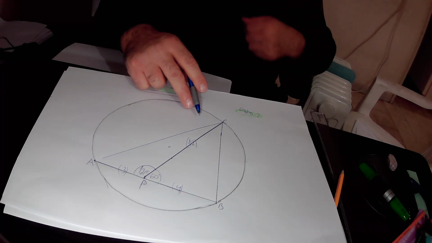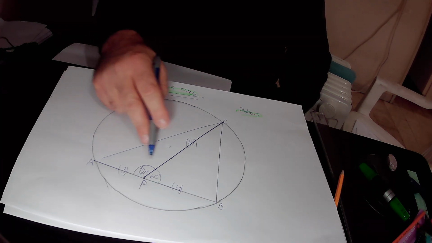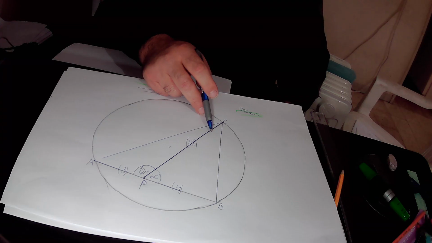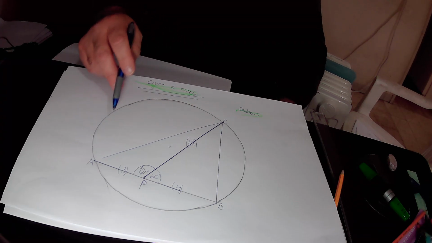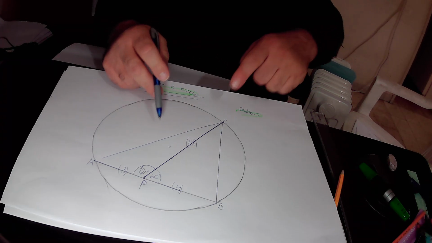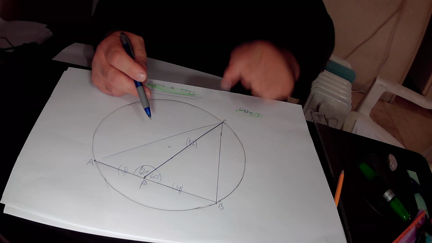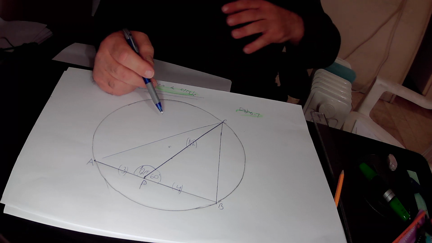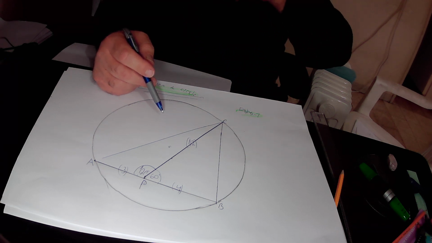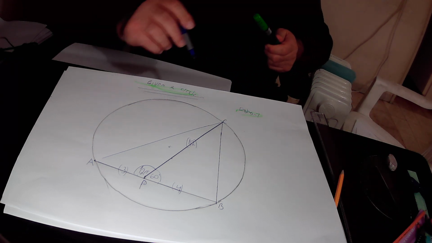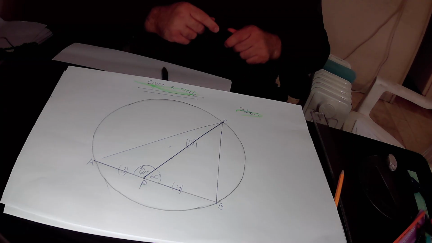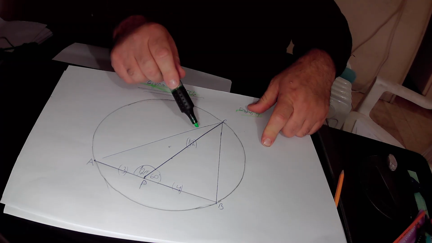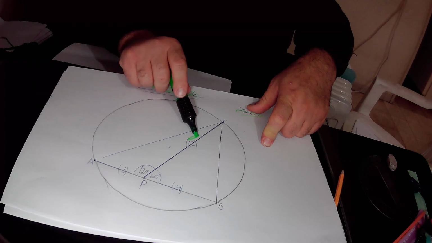This is triangle CAP, this is triangle CPB, and the big triangle ABC that contains those two smaller triangles. We'll implement the law of cosines on all three triangles. First of all, we'll implement the law of cosines on this red triangle ACP.